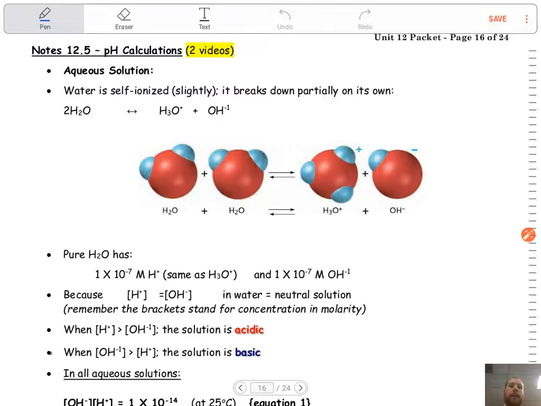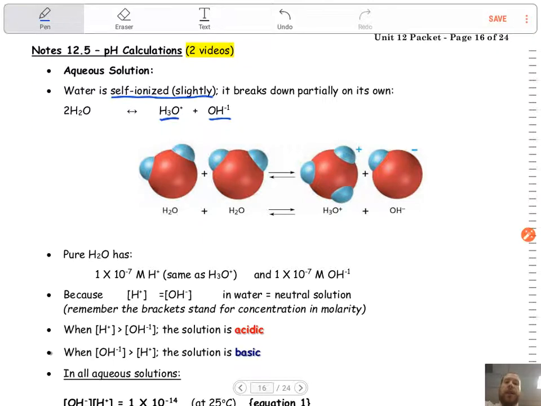So we're talking about aqueous solution. We've been talking about acids and bases for a while. Water, guys, is very interesting because it can be self-ionized to a certain extent, a very, very little bit. What that means is it'll partially break down on its own. So when it's by itself, it will automatically produce some hydronium ions and hydroxide ions in solution.